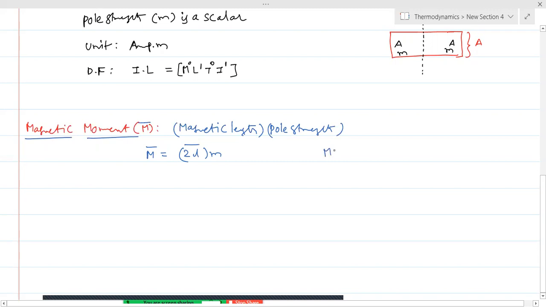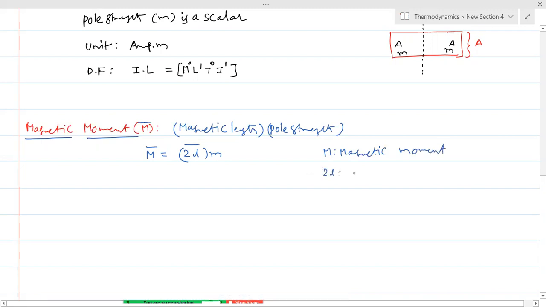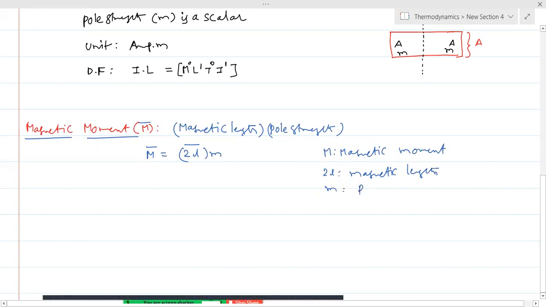Here, M is the magnetic moment, 2L is the magnetic length, and small m is the pole strength. Now we write its units.